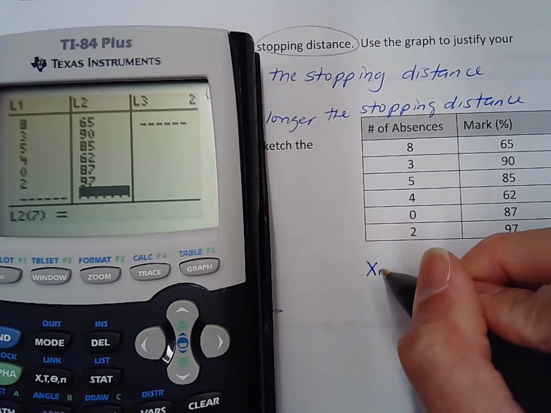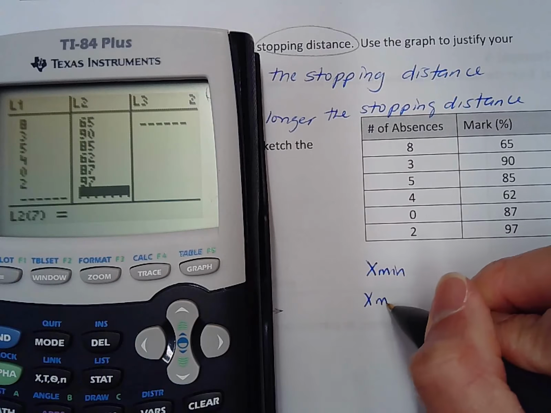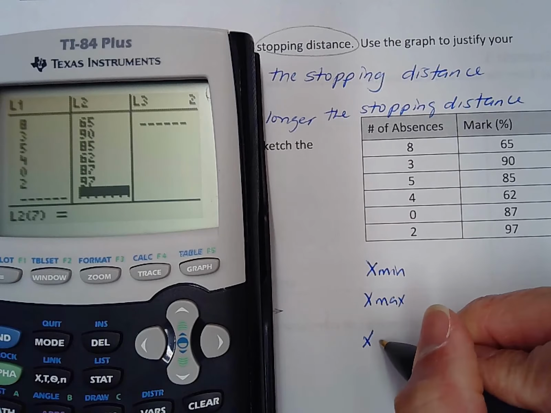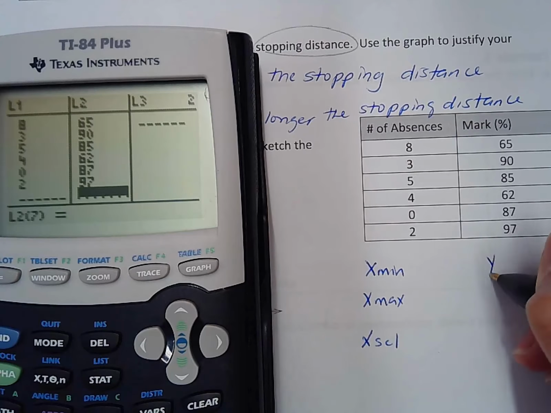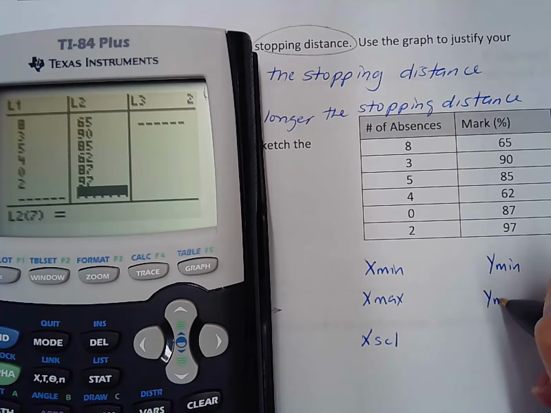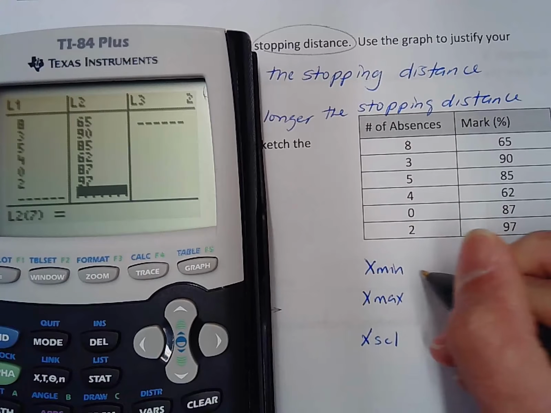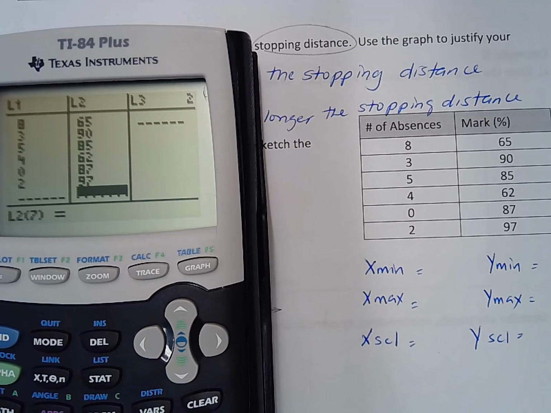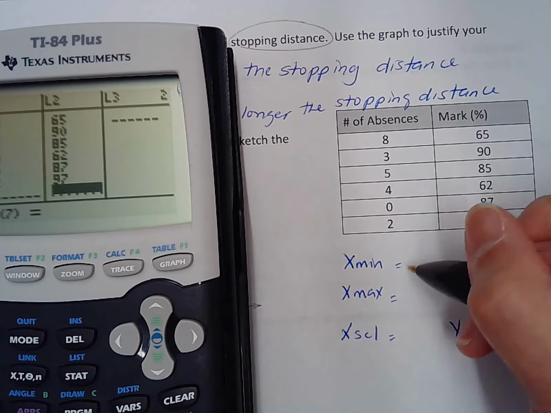X min, X max. We're gonna put in the X scale here. Y min, Y max, Y scale. Looking at this part, what would be the appropriate X minimum? 0. So minimum is 0.